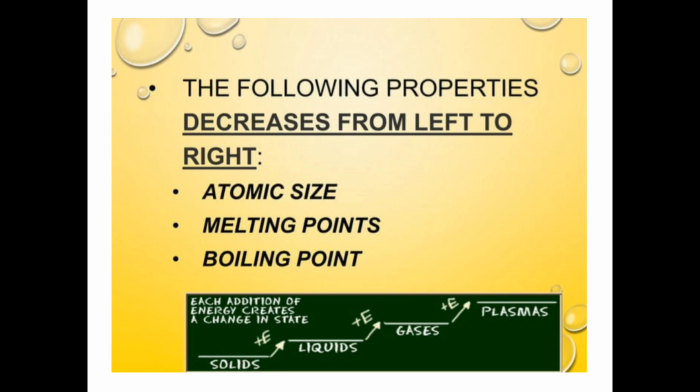And of course, group 4 also has very strong covalent bonding, so they have very high melting and boiling point, as seen in carbon, for instance, with its allotropes, diamond having a very strong melting and boiling point. But as you now move from group 5 to 7, we have simple covalent compounds, and as such, they have low melting and boiling point.